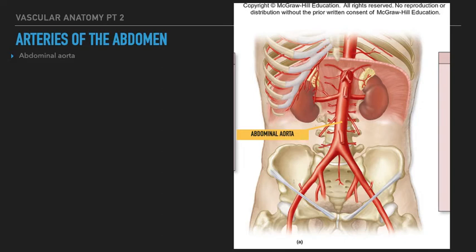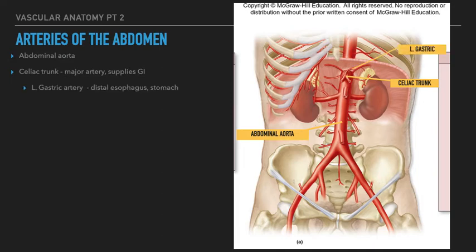All right, so the celiac trunk is a major artery that supplies the gastrointestinal tract, and it gives off three major branches. I apologize that this image isn't great for these, but you can kind of see them sticking off. So this celiac trunk is going to branch into the left gastric artery, and ultimately that will supply the distal esophagus and part of the stomach.